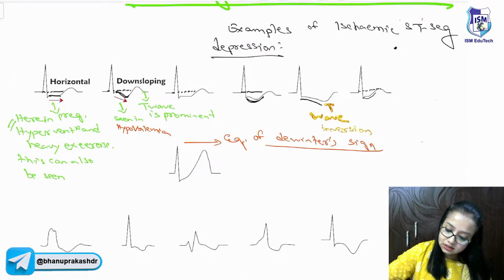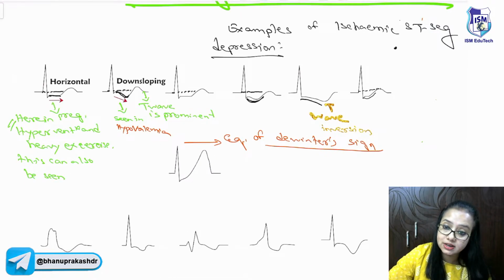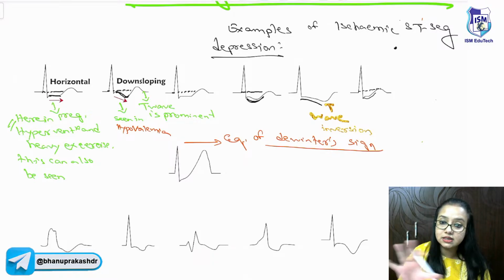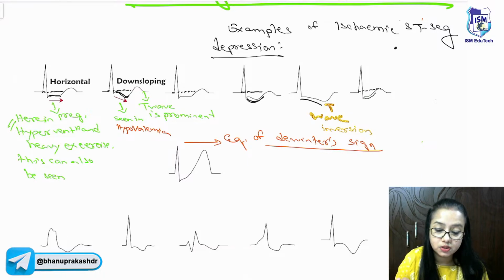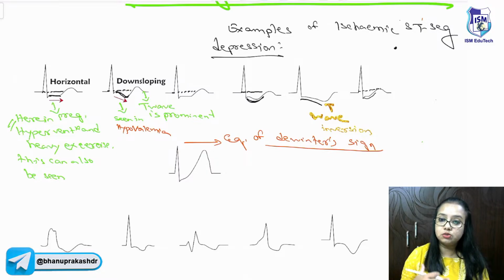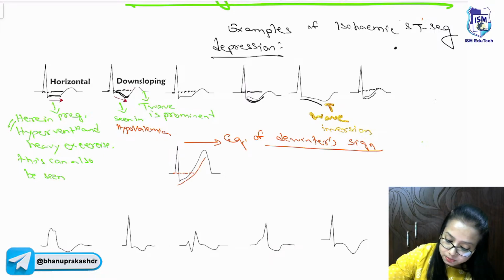So here in this De Winter sign, what happens? It is the first of its type. Earlier it was thought that these ischemic conditions are always downsloping. But in a certain population in Europe, it was seen that they have an ischemic heart condition due to disease of the coronary artery, yet this ST segment is depressed, but it is of the upsloping type.